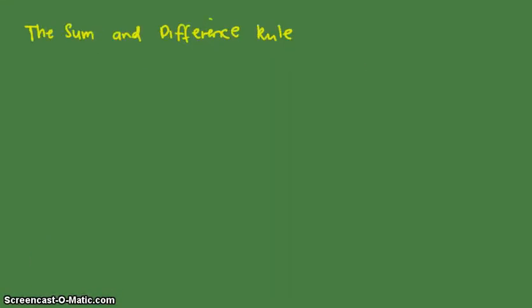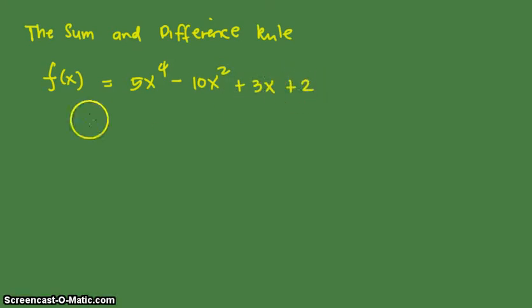The next rule is what we call the sum, or it can be the difference rule. For example, if my function is written as, say, 5x to the 4 minus 10x squared plus 3x plus 2, then the derivative of the function is simply the derivative of the sum and the difference of the terms.